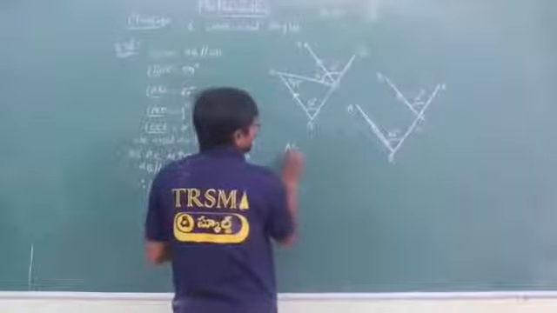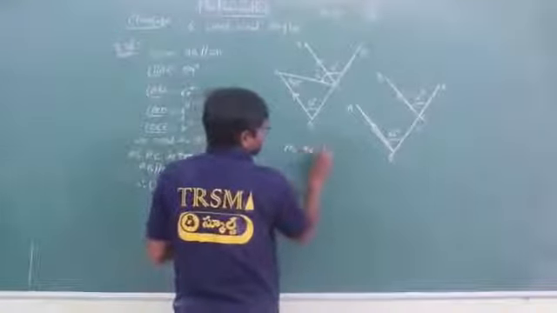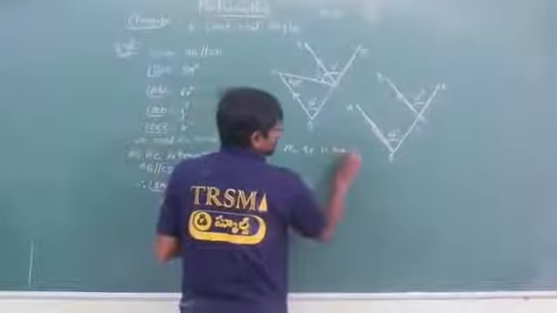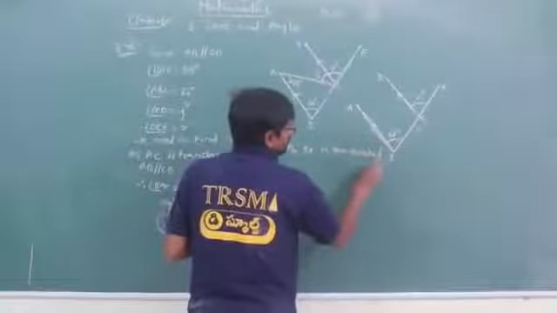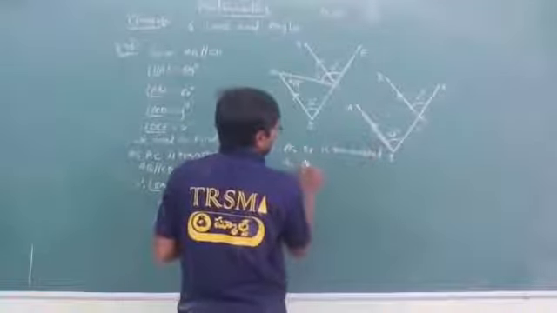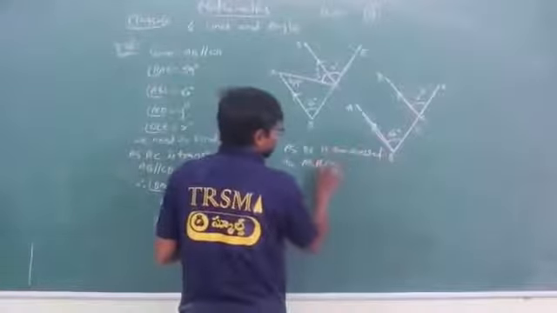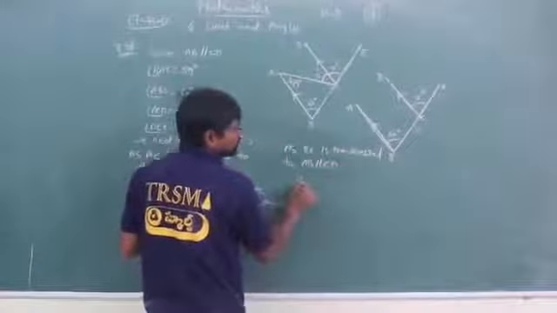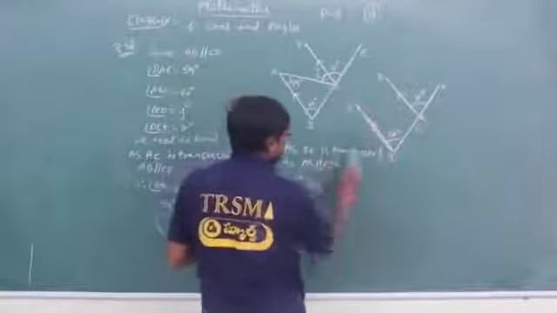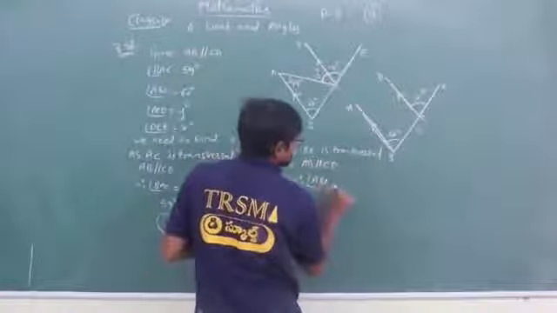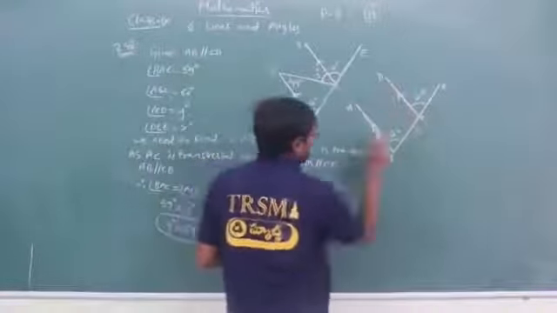Why? As BE is transversal to AB and CD, AB parallel to CD, therefore angle ABC is equal to angle DCE.